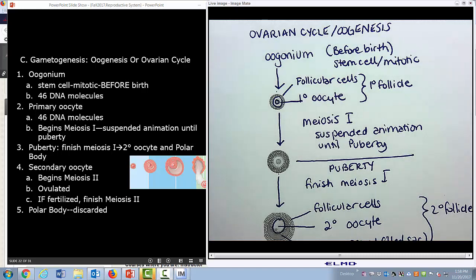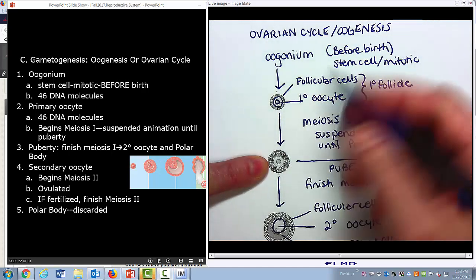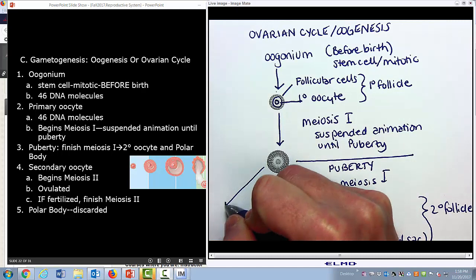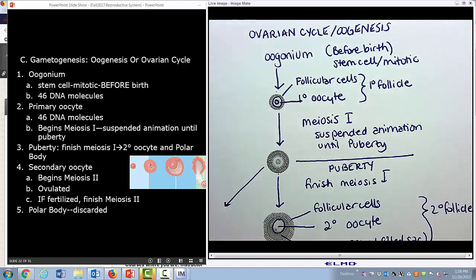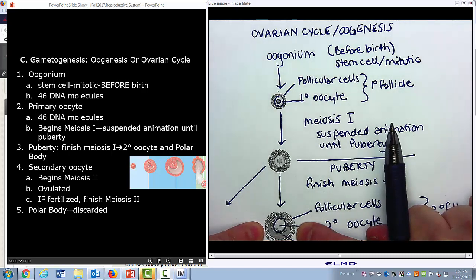All right. Now, the secondary oocyte, when this divides, I should say, when this cell finishes meiosis 1, it divides into 2 cells. And keep in mind that as a human female, we only want 1 egg being capable of being fertilized at a time, because we do not want to have litters.